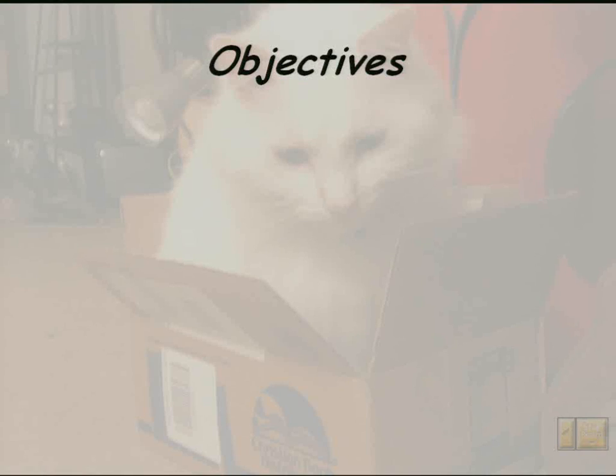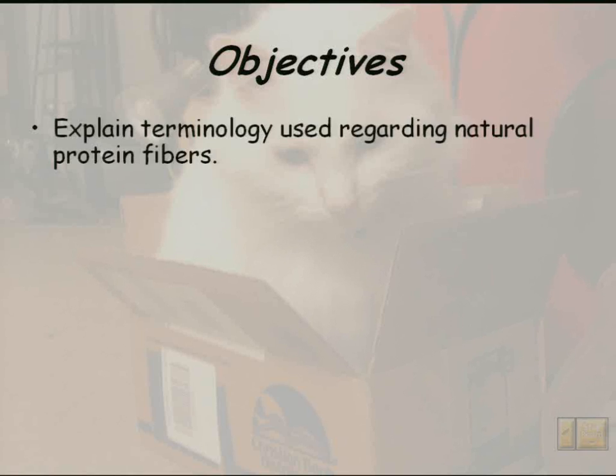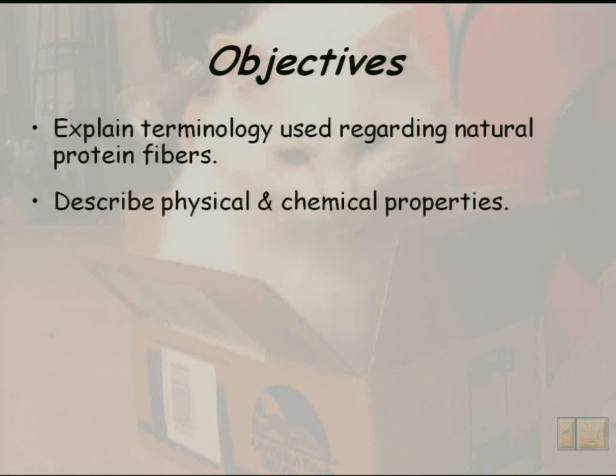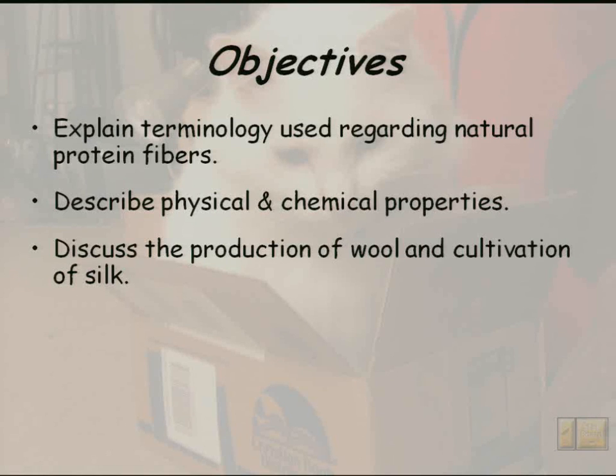Okay, the objectives that we're going to be based on in this chapter. After you finish this chapter, you'll be able to explain terminology used regarding natural protein fibers. You'll be able to describe the physical and chemical properties of protein fibers. You'll be able to discuss the production of wool and the cultivation of silk.